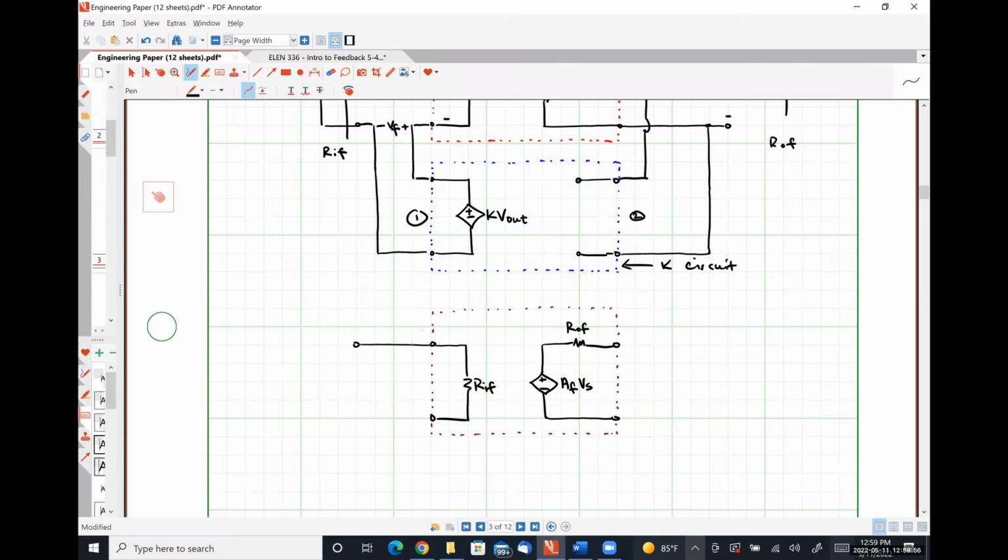Over here is my source side, where I'm going to have my input signal Vs applied. Over here is my output side, where I'm going to measure my output voltage Vout.